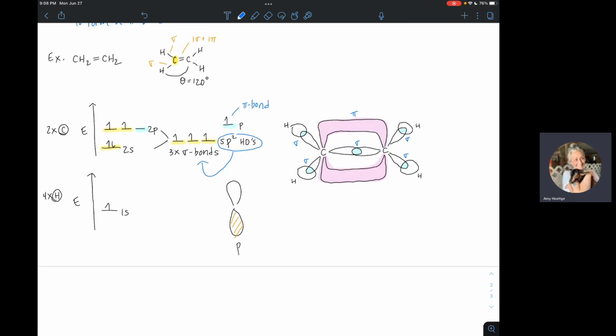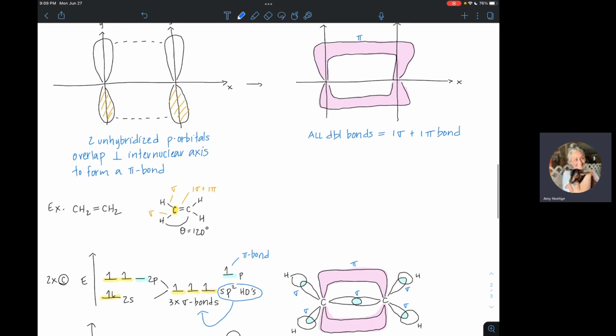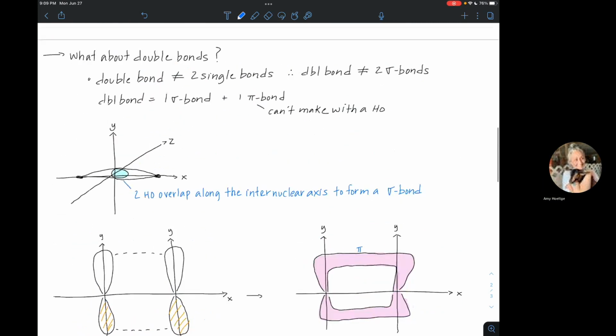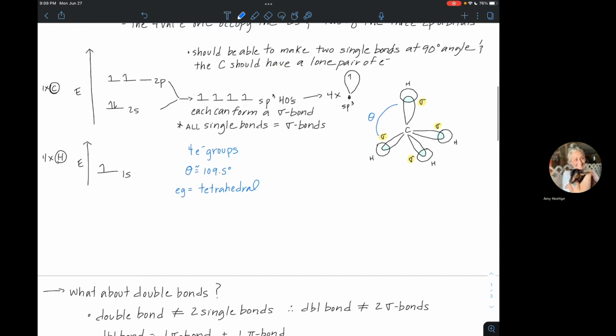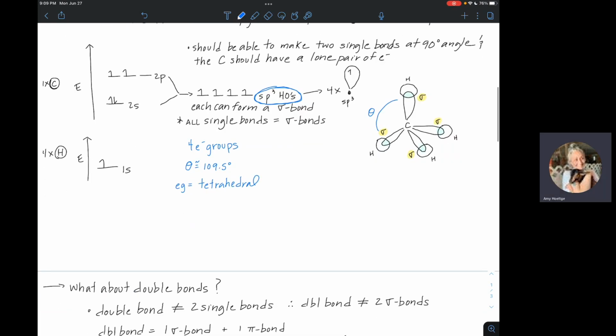One thing you want to note, and this might not be a bad idea to go back to the sp3 hybrid orbital up here. Notice how I've got 4 hybrid orbitals. So all up here, I have 4 sp3 hybrid orbitals. They came from an s and 3p. So really, what do I have here?